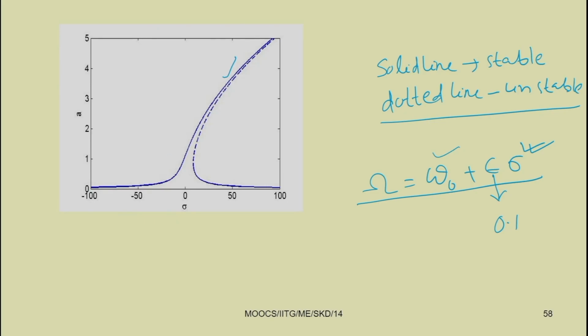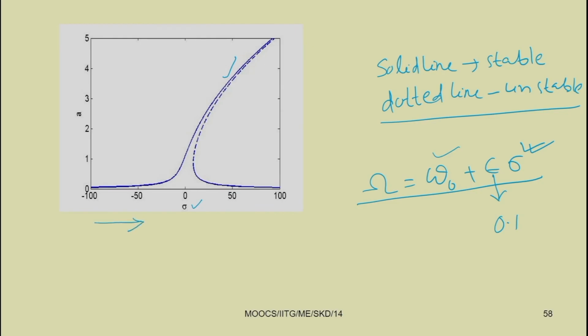So, you just see the frequency response. This is the response amplitude for different values of sigma. With an increase in sigma, you can see the response amplitude increases. This is known as sweeping up.